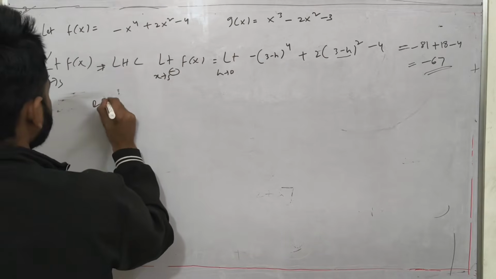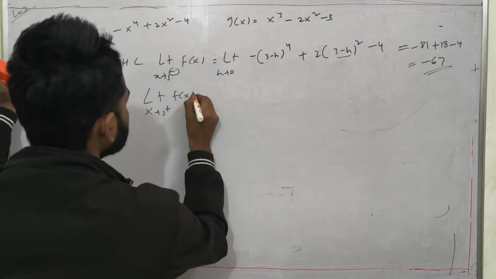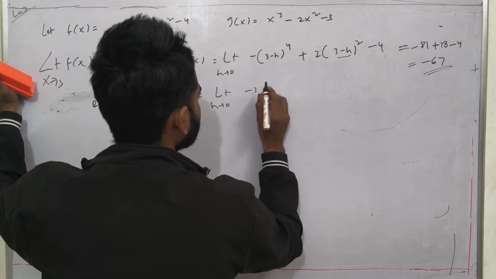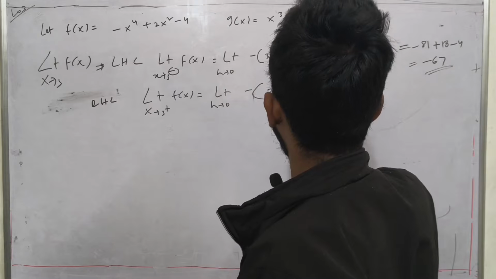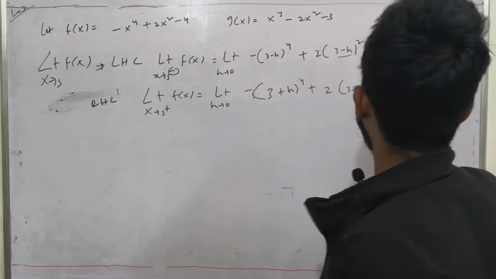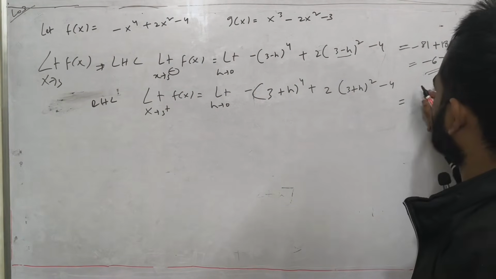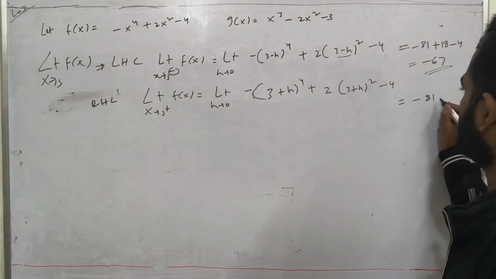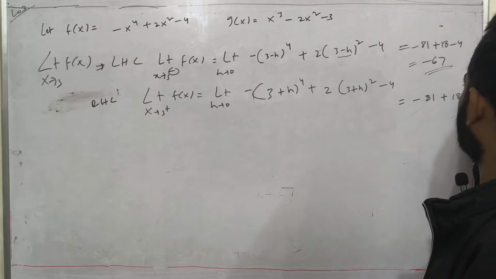Similarly, we should find the right hand limit: limit as x tends to 3 plus of f(x) equals limit as h tends to 0 of -(3 + h)^4 + 2(3 + h)^2 - 4.